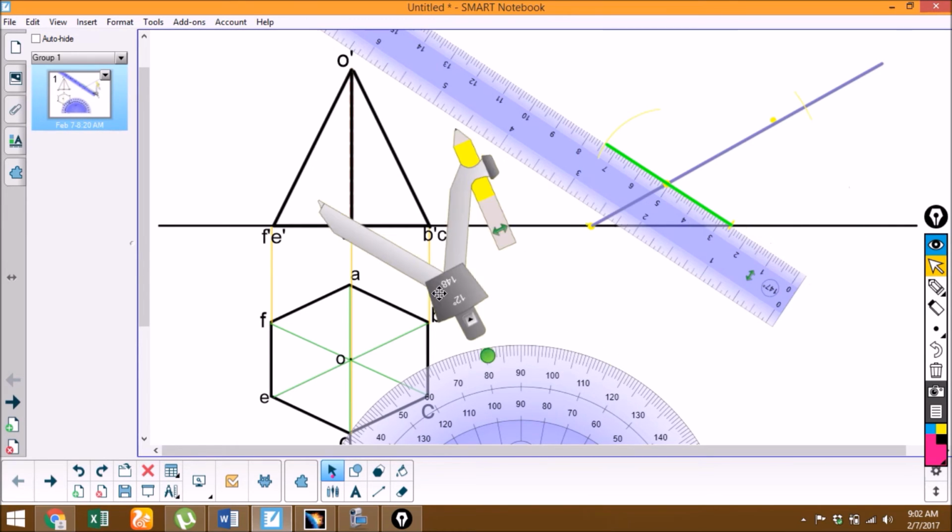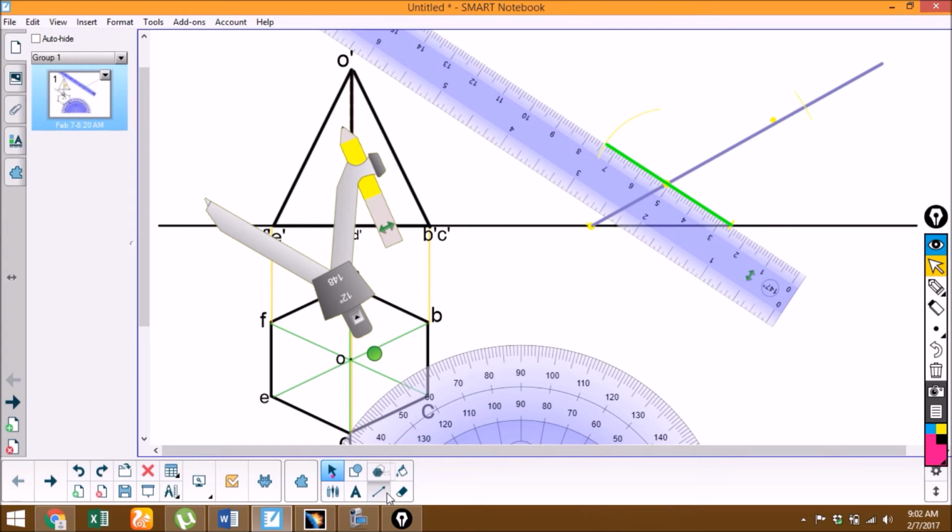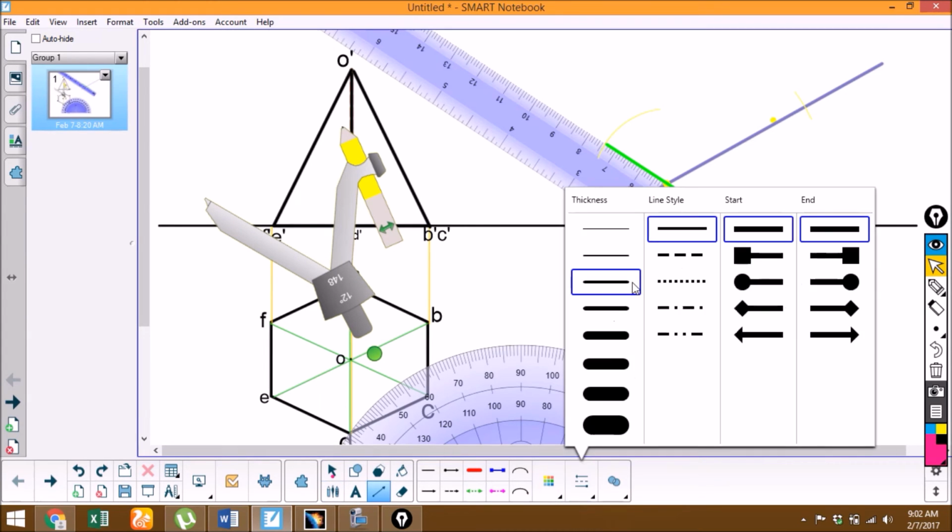That point will become O dash. Now join all these points with respect to O dash.